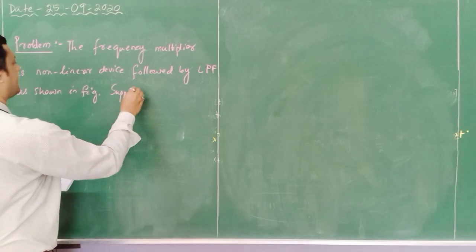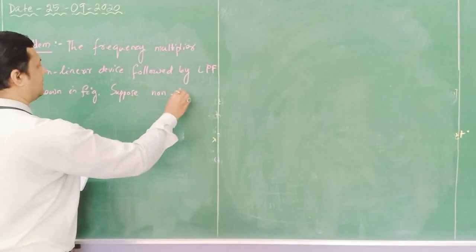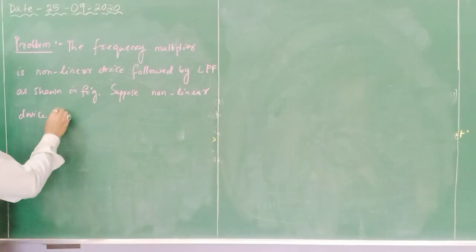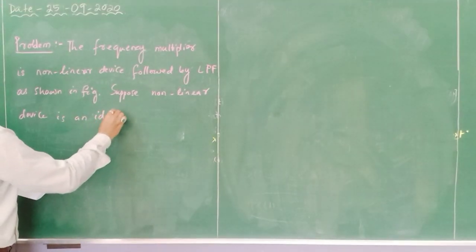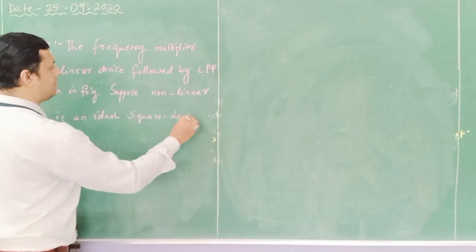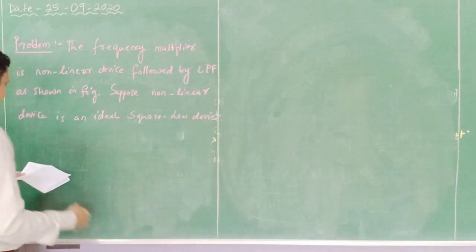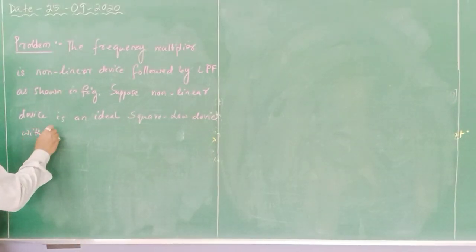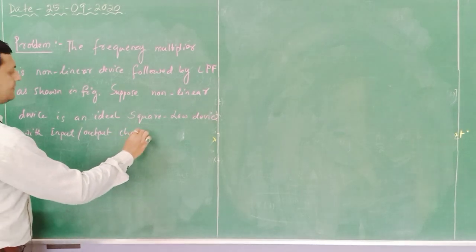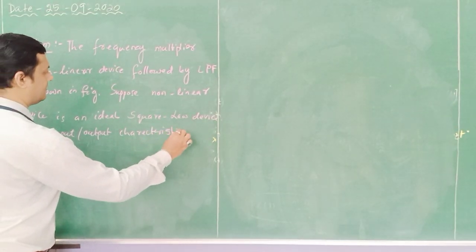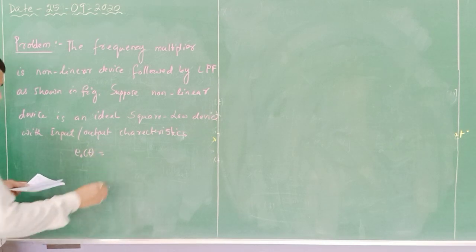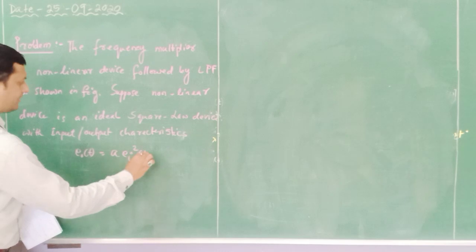Suppose the nonlinear device is an ideal square law device with input/output characteristics given by the relation E suffix naught of t equals a E suffix i square of t.